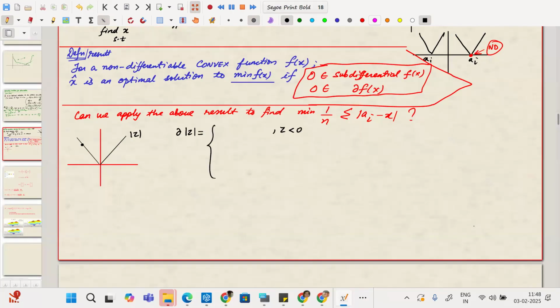For z less than 0, that means you are here. If you take a slope, what's the slope value? You understood the question, right? mod z, so z is less than 0. You have to take the slope. What's the slope?